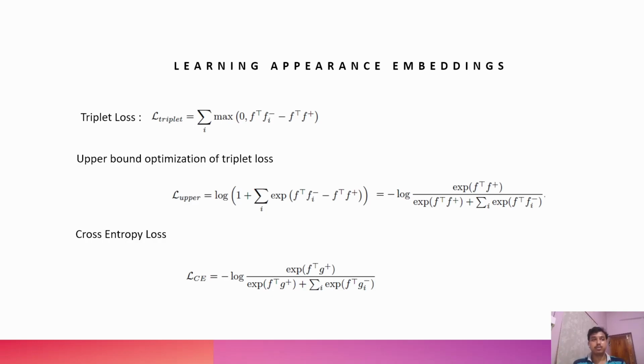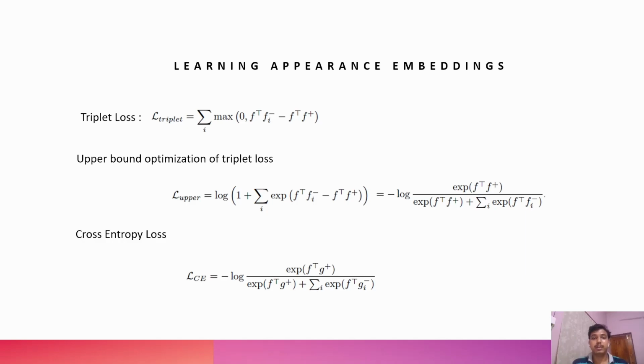So learning appearance embedding consists of the triplet loss, upper bound optimization of triplet loss, and cross entropy loss. The loss is here to gain insight into which instances of the targets are close to each other and cluster those, whereas differing those who are far from each other.